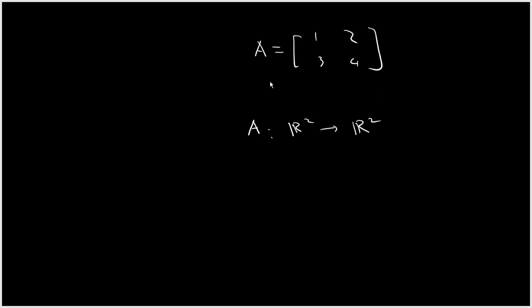I'm going to use one notation for 2 things. One thing is a 2x2 matrix in this particular case. The other thing is the map determined by A. There will be no confusion.